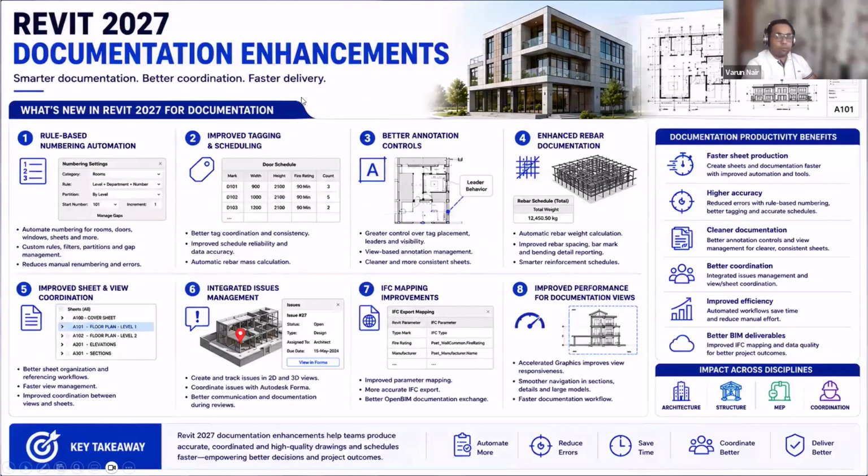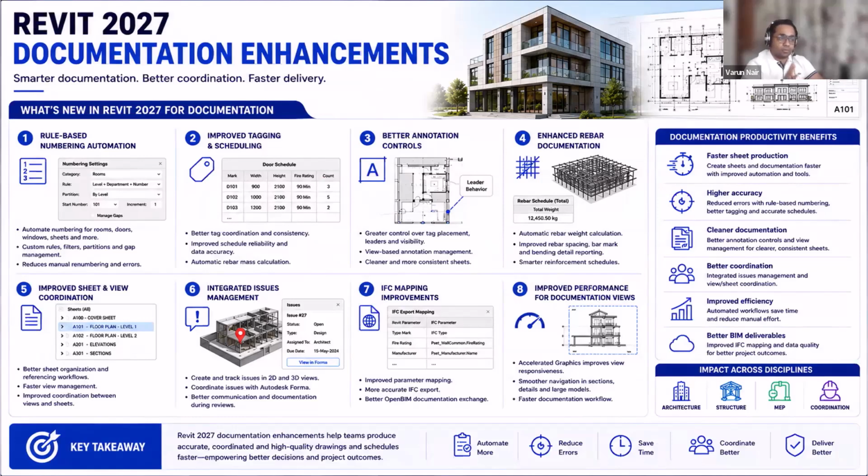Then we have the documentation enhancements. As I told you, Revit has its own updates in all the other departments, but the major update they have done lastly is toward documentation enhancement. This is common for all the departments: architecture, MEP, as well as structure.